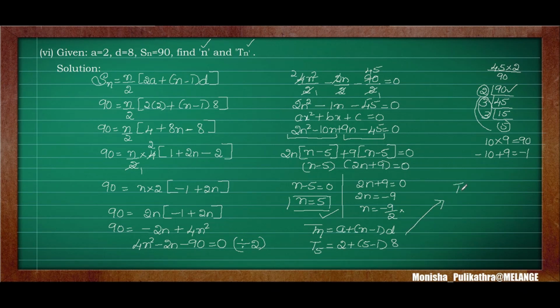So T5 = 2 + 4 × 8, which is 2 + 32 = 34. So the value for n is 5 and the value for T5 is 34.